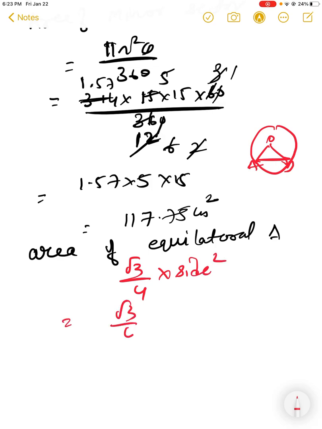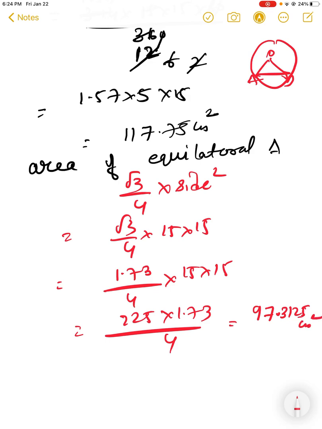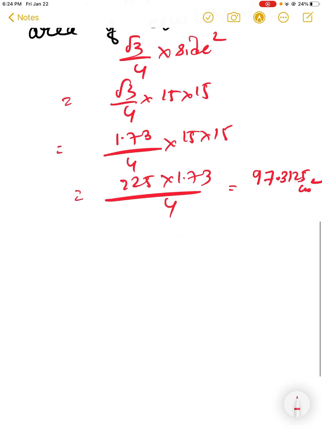Side is the radius, so root 3 upon 4 into 15 into 15. Here we take the value of root 3 as 1.73, into 15 into 15. So 225 into 1.73 into 4. It comes to be 97.3125 centimeters square if you multiply. I already multiplied and kept it.